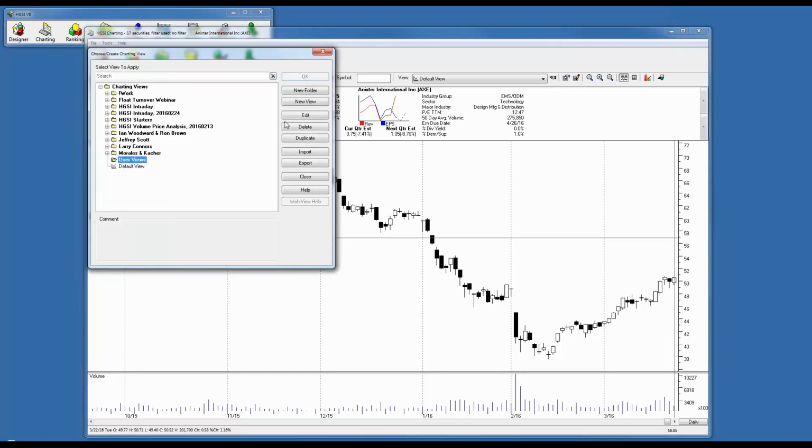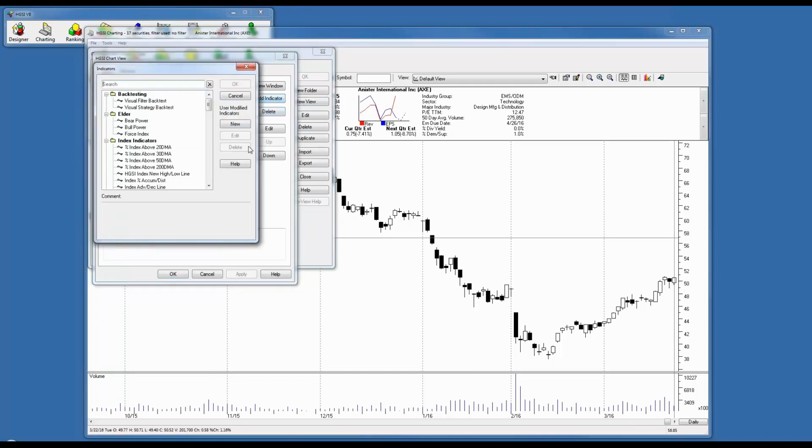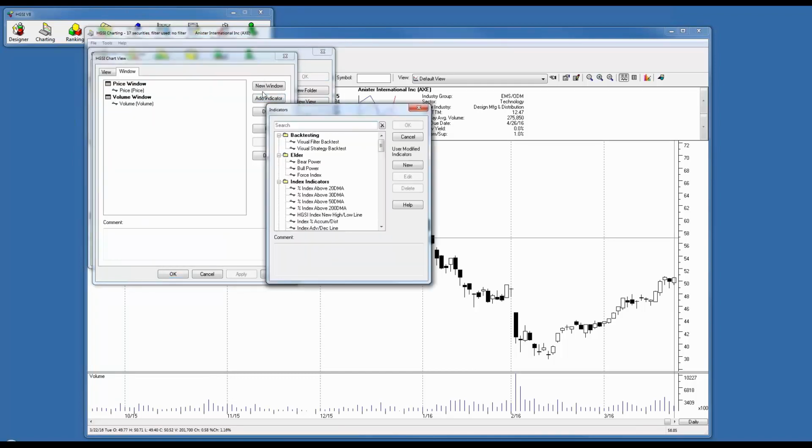Okay, so I've basically got just a standard starting screen, and I'm going to make a new view. When you go to add an indicator to the view, with the new search, it's easier to type something and have it find it. One thing I wanted to point out is that each one of these indicators actually has search fields that aren't visible.